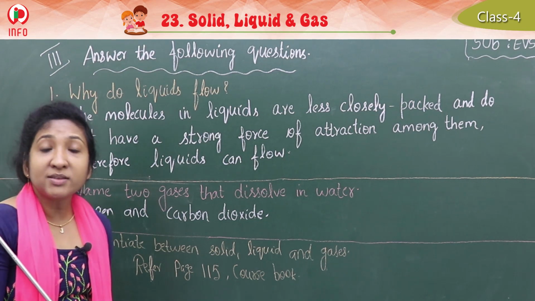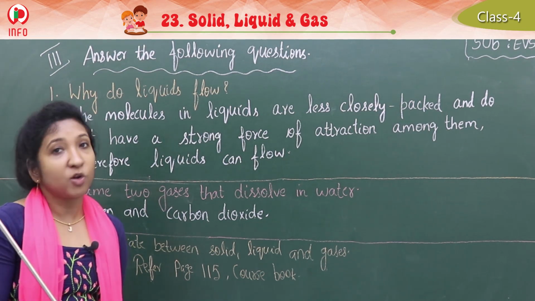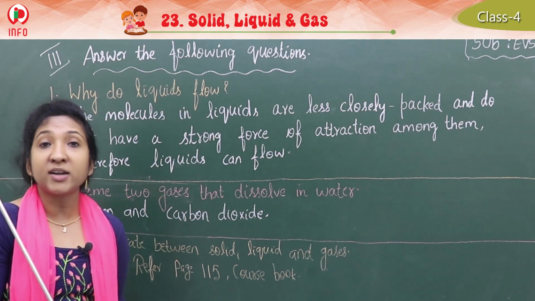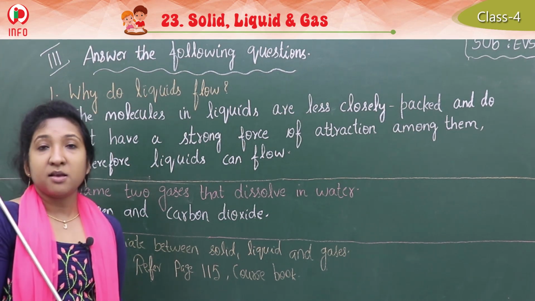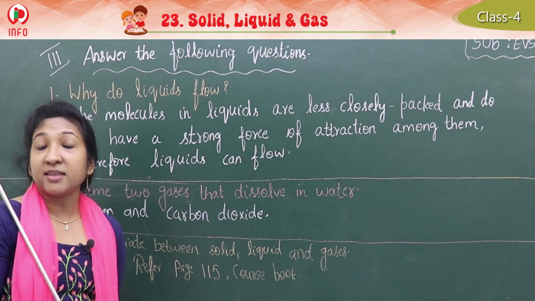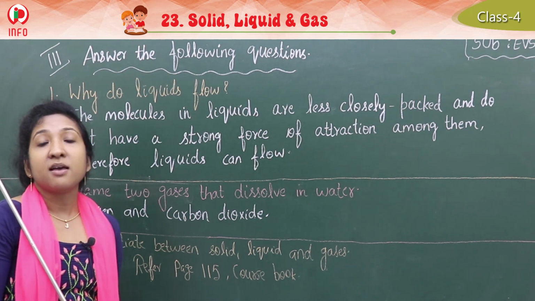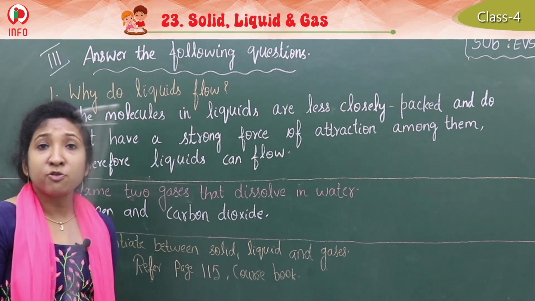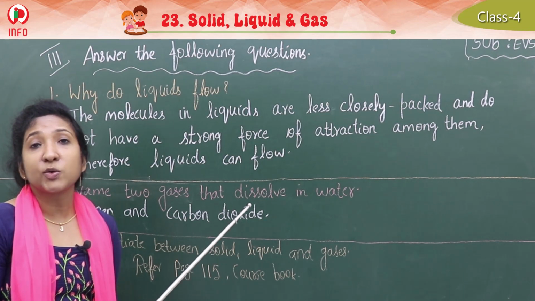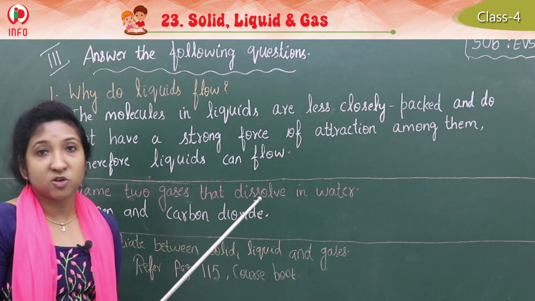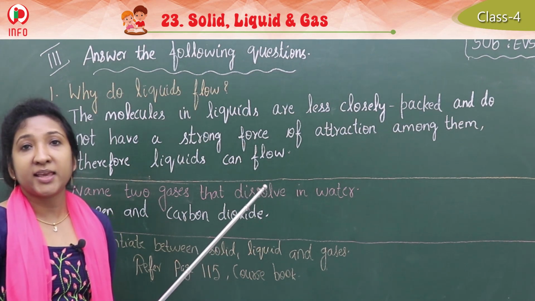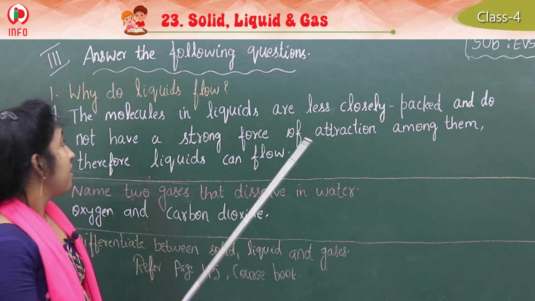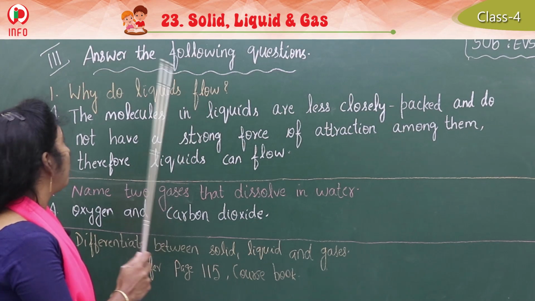In liquids, the molecules are less closely packed, not as tightly packed as in solids. Yes, they are less closely packed, and the force of attraction between the molecules is not that strong. Therefore, liquids flow. They can move freely. So, why do liquids flow?